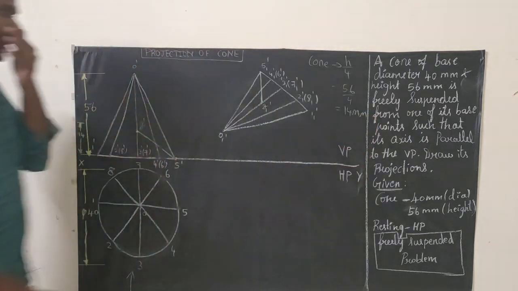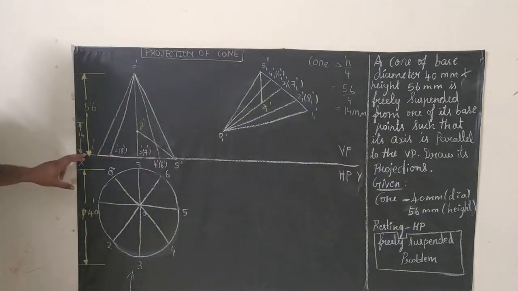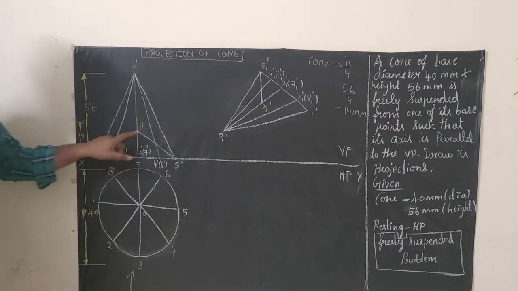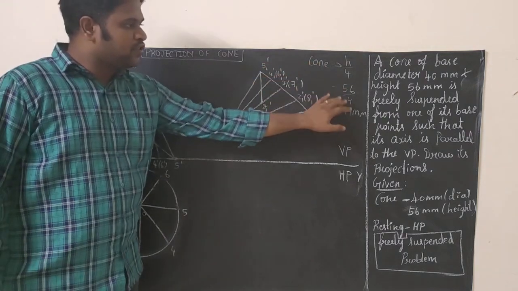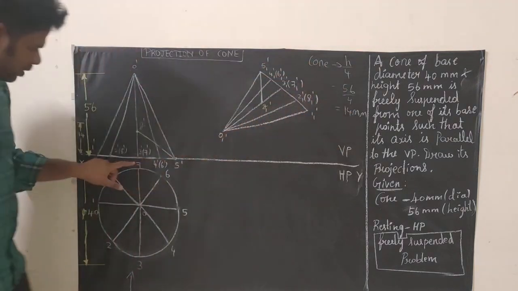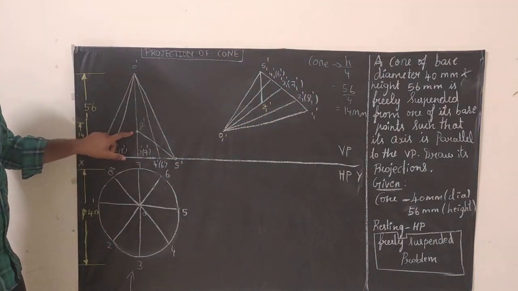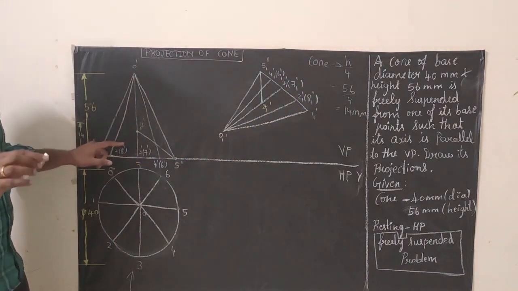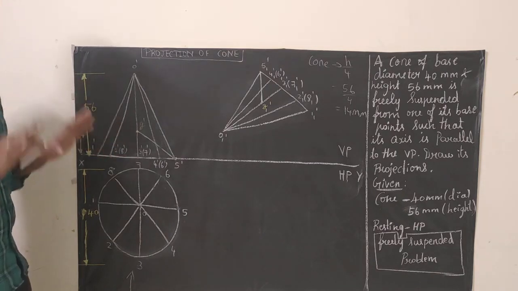From this point you have to mark 14 mm, 1.4 centimeter, and keep a dot. The formula is h by 4, 56 divided by 4 is 14. Keep a point; that point is called G dash. It is your center of gravity.